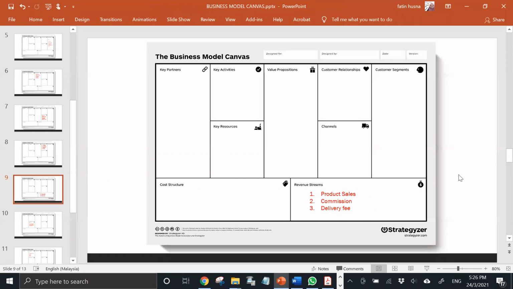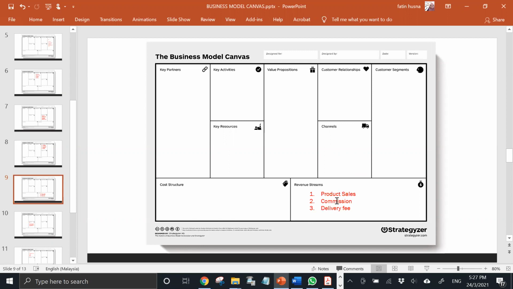But just put whatever you did. Don't make it up. It's okay to have a simple BMC because you know what you are doing. It's not like you need to fill all the boxes fully, but you're actually making it up. It doesn't work that way. You are doing what you are doing, and for example, you have product sales only, so you put only product sales.